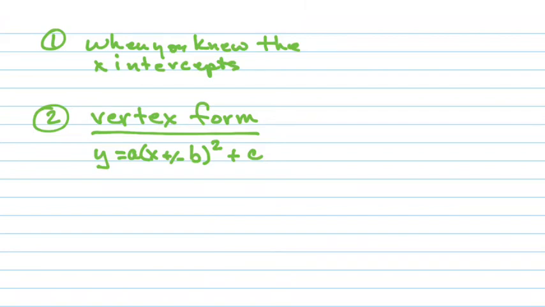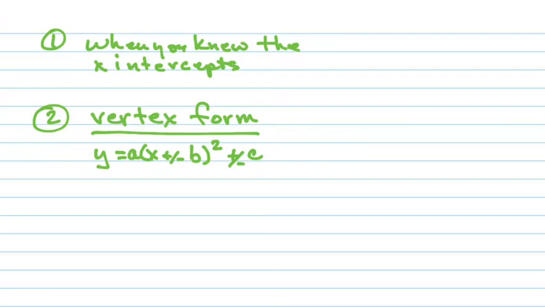All right. So y equals a times x plus or minus b squared plus or minus c. It can be a negative or a positive. Now, if you're going to use the vertex form, we would probably use this when we what? Know the vertex. There you go.